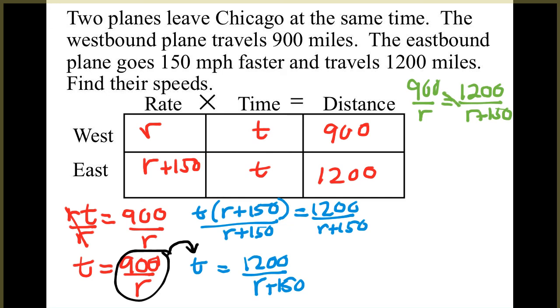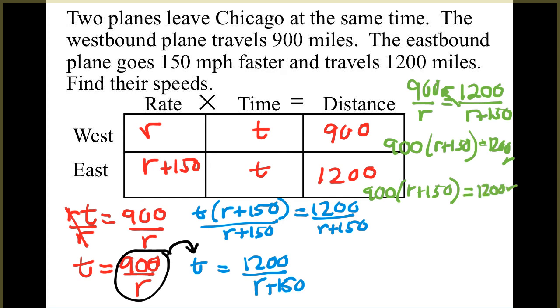Okay, now I'm going to cross multiply. I end up with 900 times r plus 150 equals 1200 r. I don't really have a lot of room here, so I guess I'll bring it down here. 900 times r plus 150 equals 1200 r. Distribute, I'm going to get 900 r.